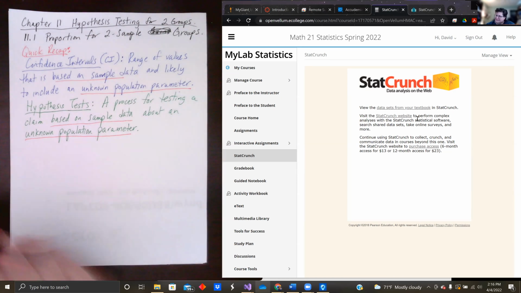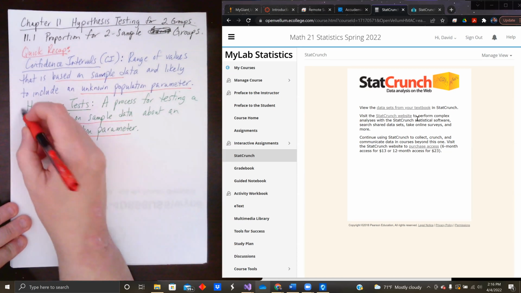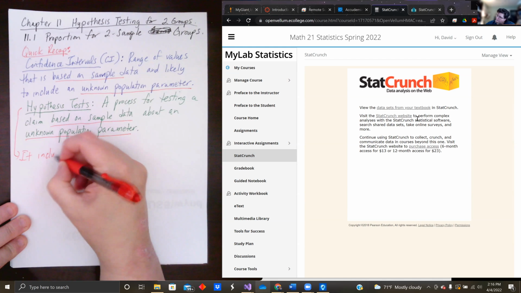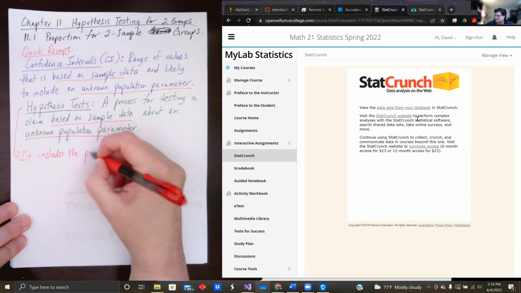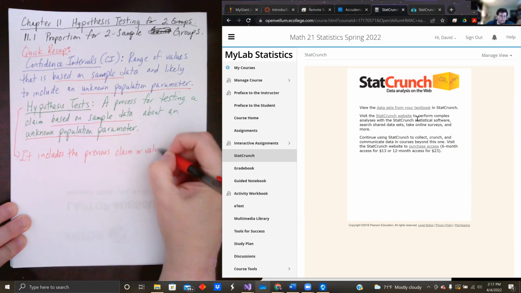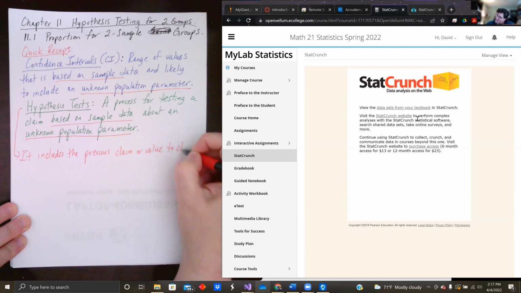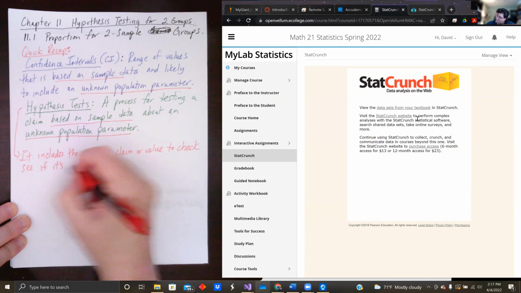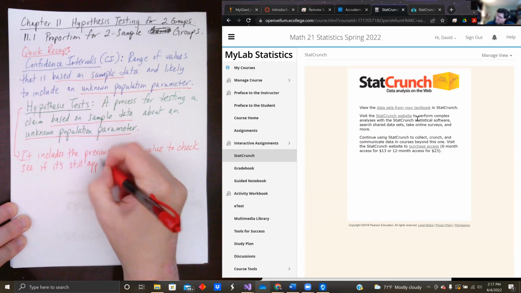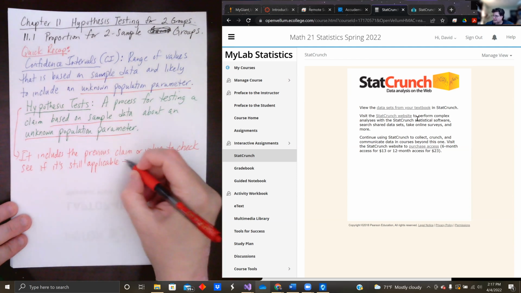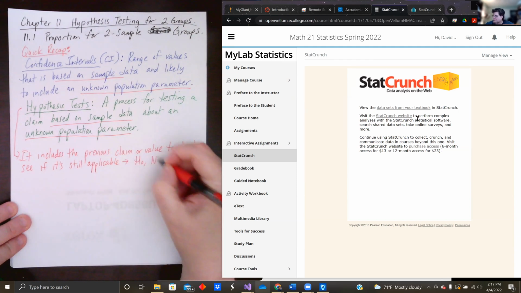So how are they connected? Well, the hypothesis test includes a previous claim or value, and we check to see if it's still applicable. That's our H naught, our null hypothesis.